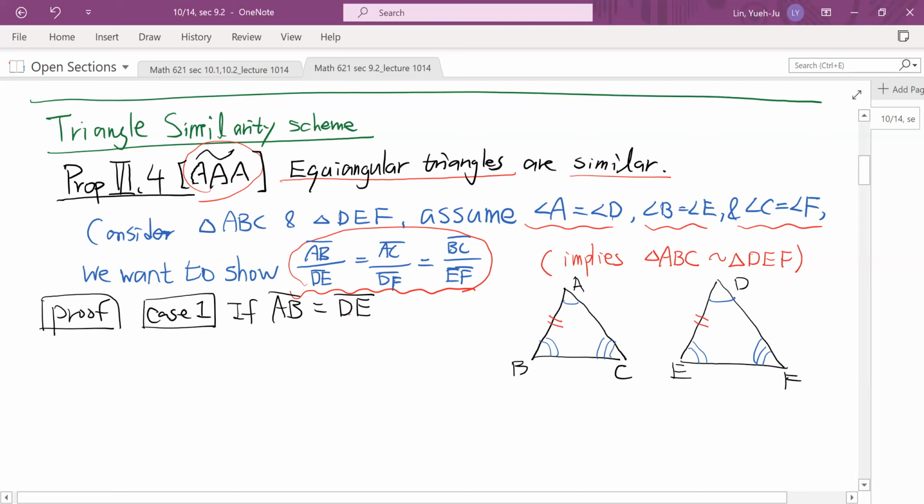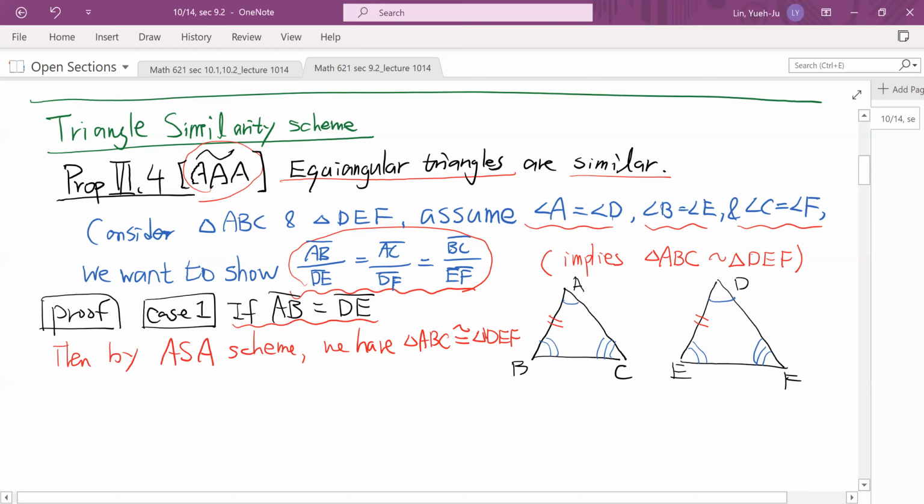If AB equals DE, then by the ASA congruence scheme, we have two triangles to be congruent. Be careful with the notation here, I'm using the congruent symbol.